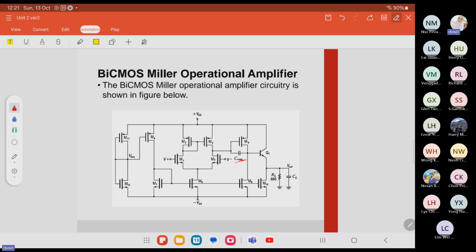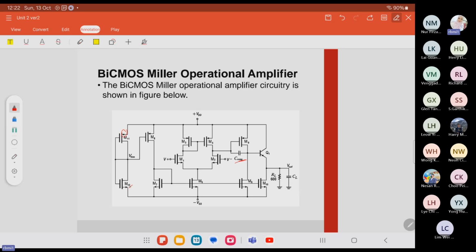First is M11, PMOS. Okay, because for PMOS, the arrow goes into the transistor. If it goes out, it is NMOS. So M11 is PMOS and this one is NMOS. This is PMOS. M11 is PMOS, M12 is NMOS.